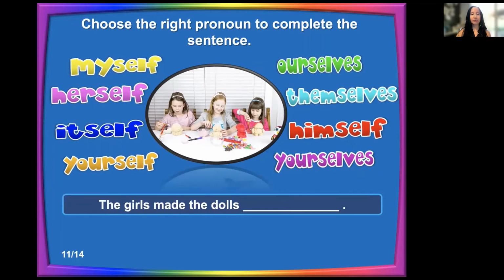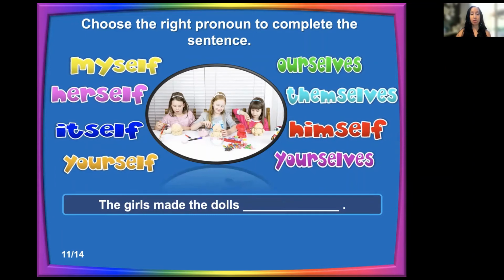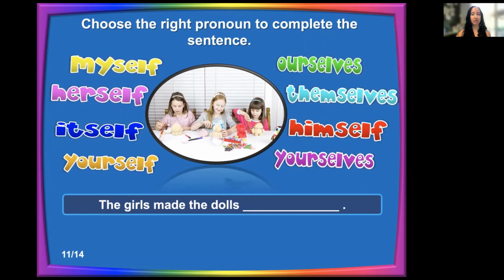The girls made the dolls blank. Where's the noun? Girls, the girls. Okay. The girls made the dolls. What would be the reflexive pronoun? Trying to trick you here. Now think of it, is girls singular or plural?